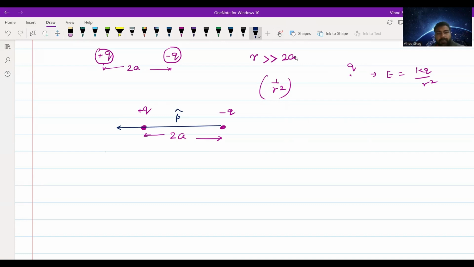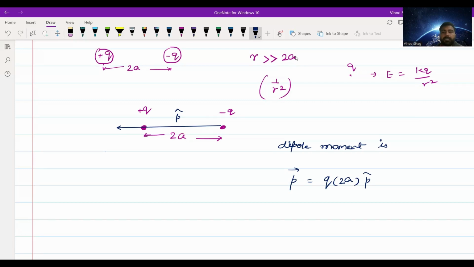So this will be the direction of electric dipole moment. And we can say that the electric dipole moment is p vector equals q into 2a p cap.